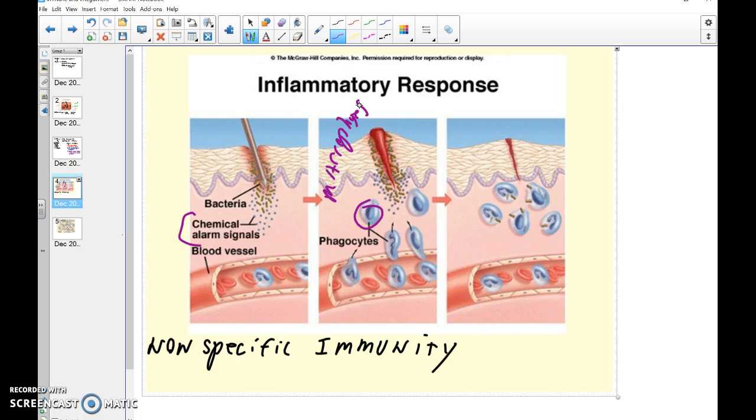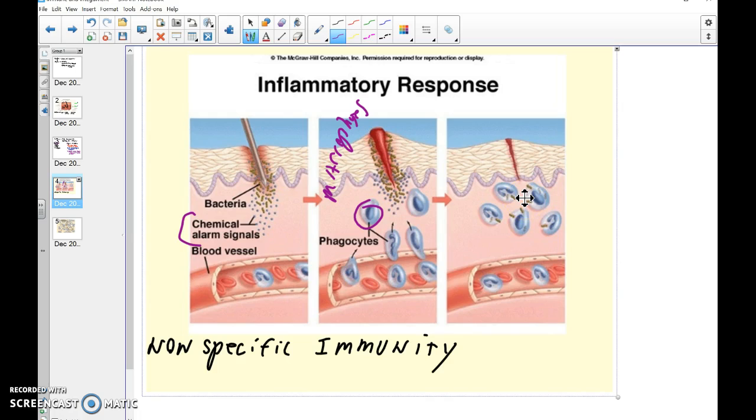Now, for a whole lot of illnesses, that actually is enough to make sure that you don't get an infection, you don't get a disease, you don't get a problem. This phagocytosis, these macrophages eating basically everything that is inside your body. All right, and you can see this over here. They're doing it.